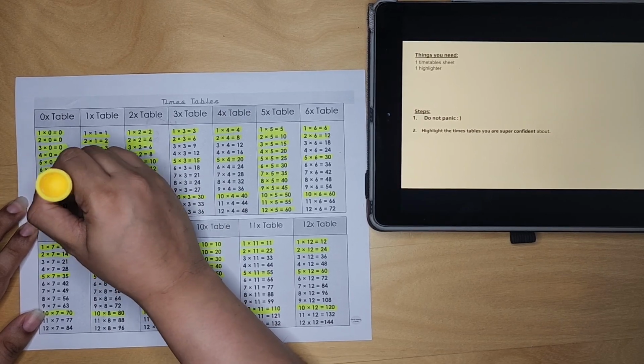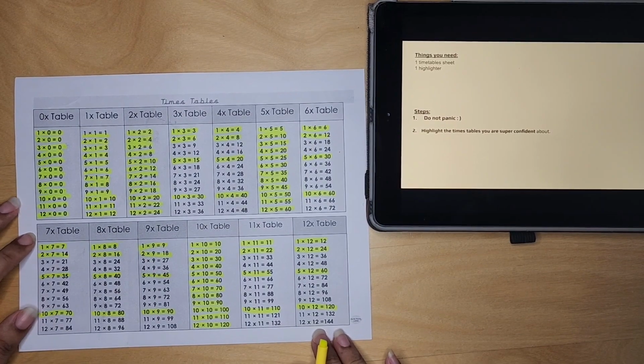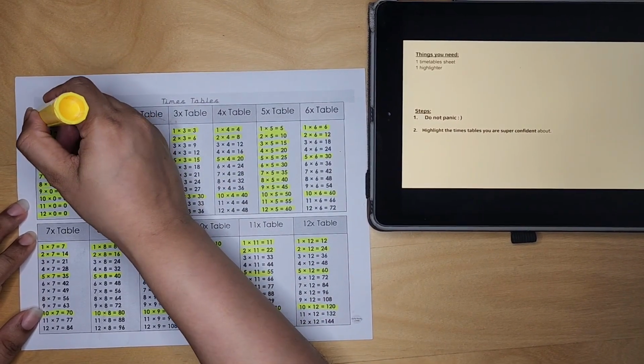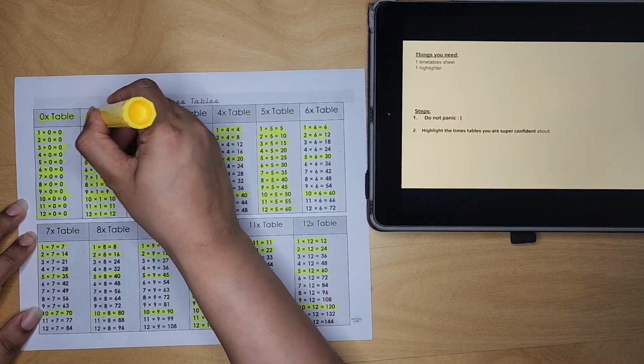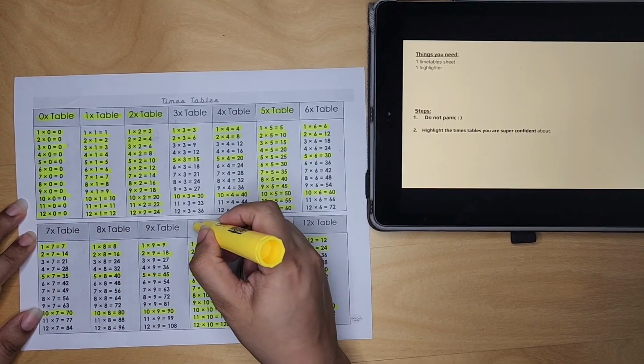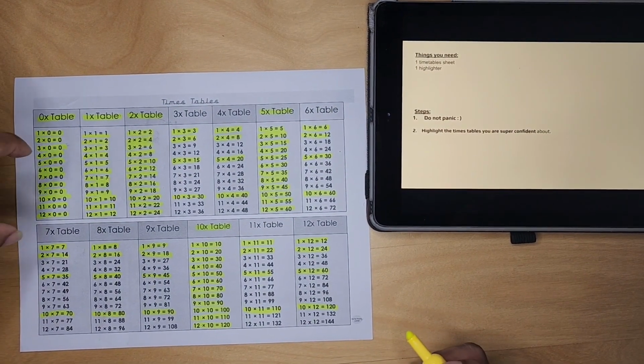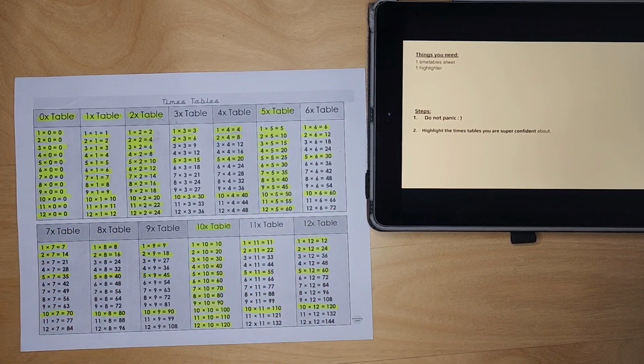Give yourself credit. Here we go. So I'm confident about 0 times tables, 1 times tables, 2 times tables, 5 times tables, and 10 times tables. That's what I said, right? But instead of just having these 5 columns, see how much more I know.